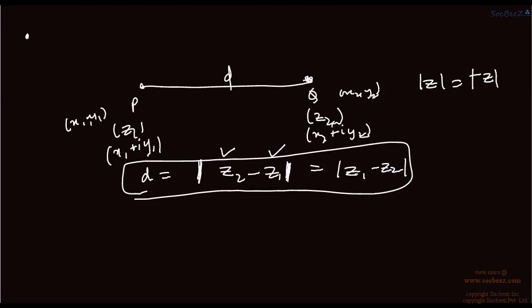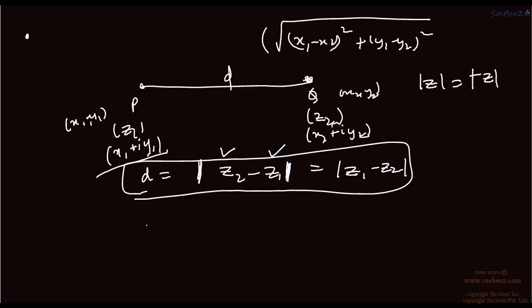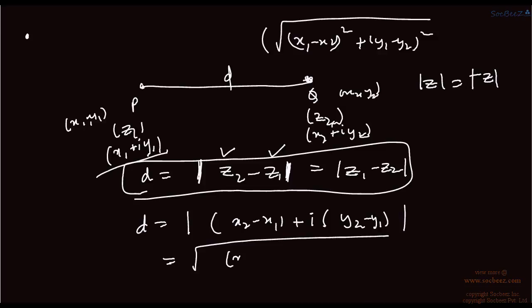What do we do in straight lines? We take the root of x1 minus x2 whole square plus y1 minus y2 whole square. In this case, the mod of z2 minus z1, that is x2 minus x1 plus I times y2 minus y1, will be root of x2 minus x1 whole square plus y2 minus y1 whole square.